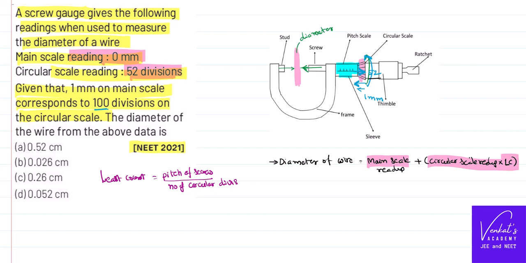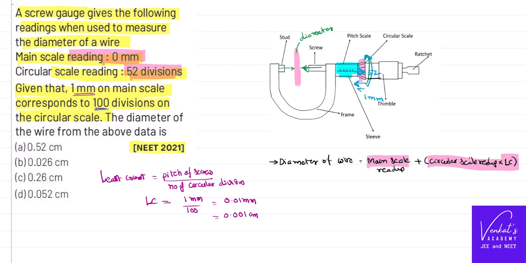It is given in the problem that the pitch of the screw is 1 millimeter, and the circular scale has 100 parts. So the least count is 1 by 100, or 0.01 millimeter. And if you want the answer in centimeters, as all options are in centimeters, that is 0.001 centimeter.